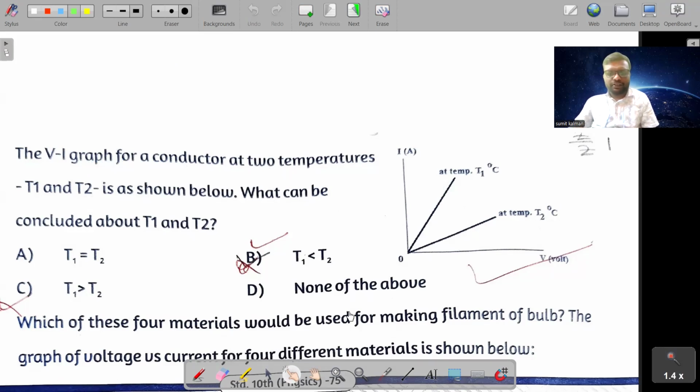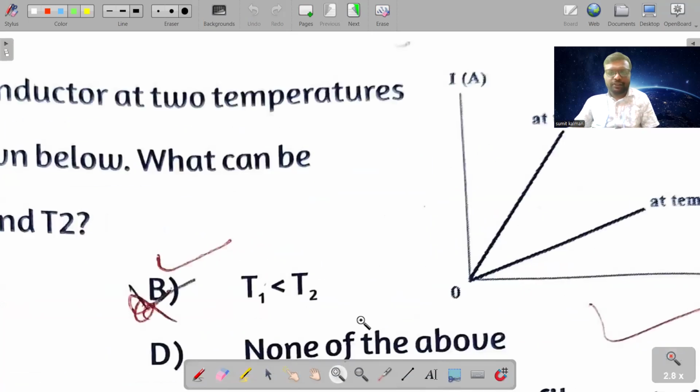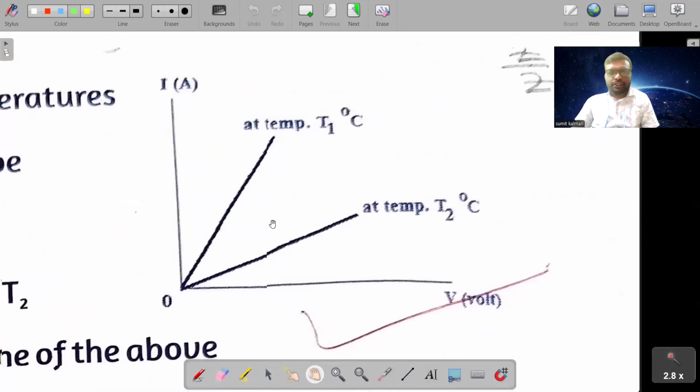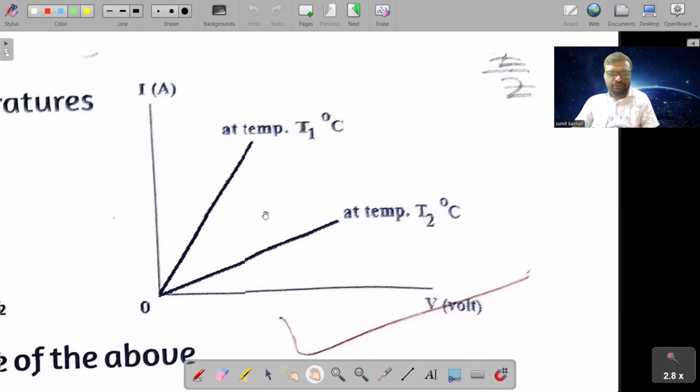So now students, carefully see this VI graph. If you will find the slope of this graph, suppose that we are taking coordinates here, V2 I2, and here V1 I1, just like x2 y2, x1 y1.